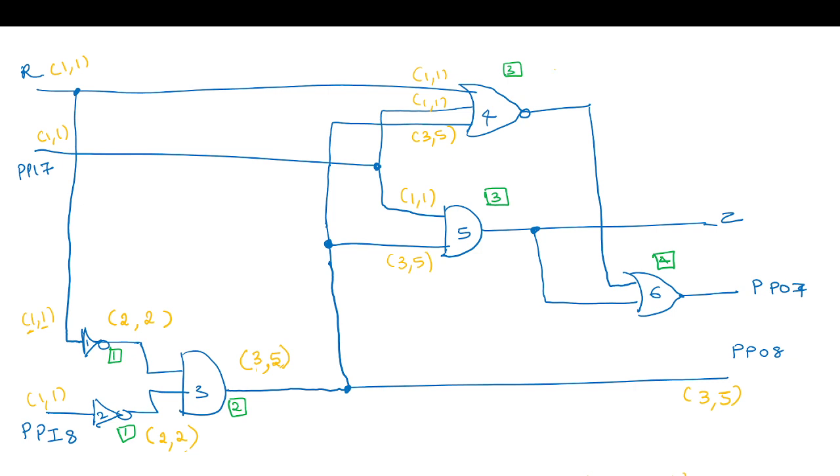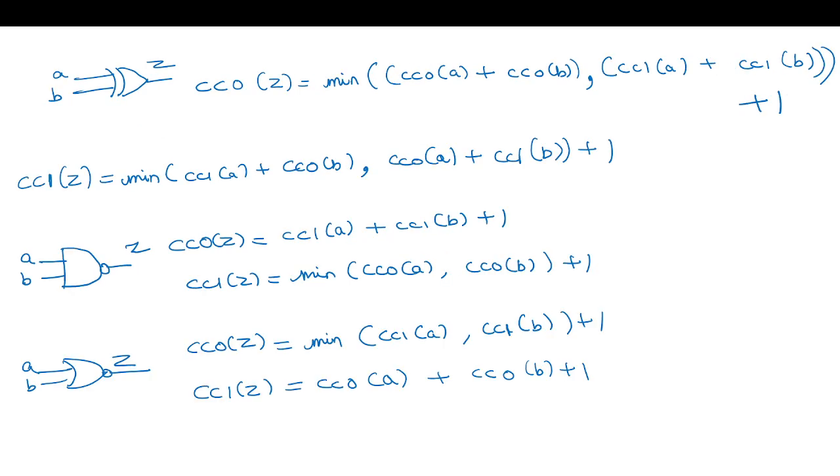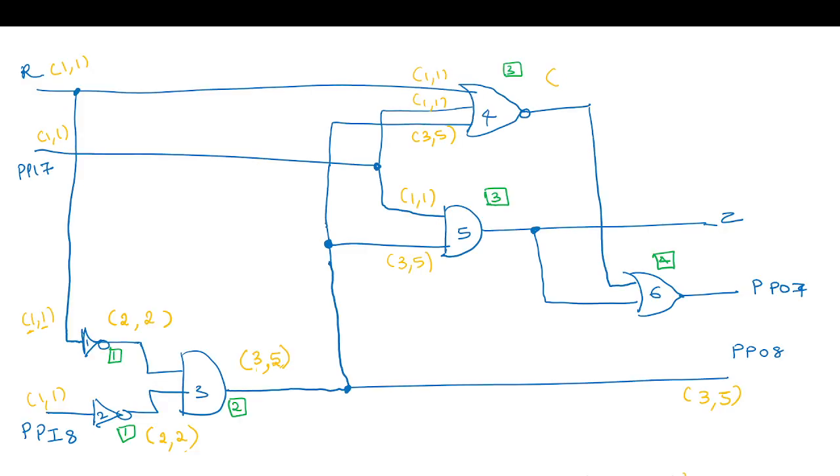Now for an OR gate, to control to 0, any one of the inputs should be 1. So for 1 it is 1, 1, 5, which is minimum 1. So 2.